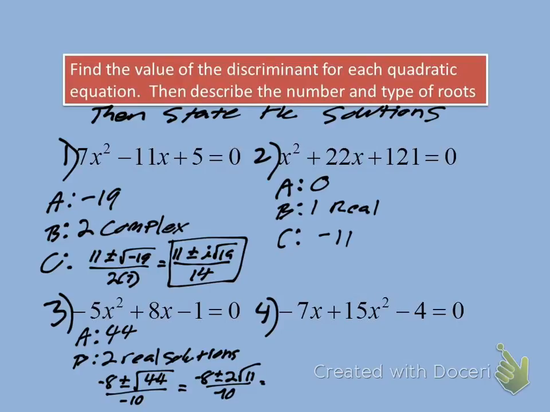So then divide everything by negative 2. No, it's just 44. So you get 4 plus or minus square root of 11 all over 5. Okay. If that one didn't fully make sense, that's okay. Be careful, all right?